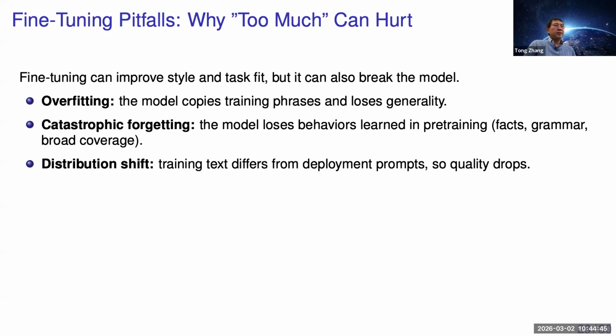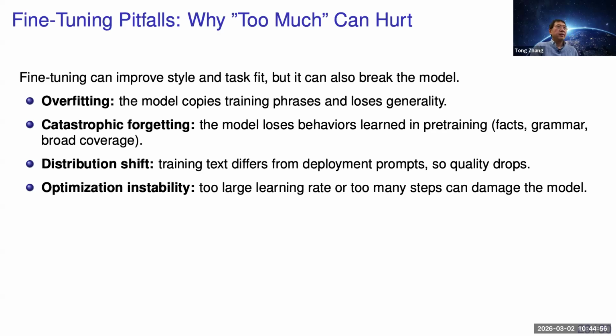How to deal with that, and there are distribution shifts because you're too much focused on a very narrow topic. Basically, it is bad. Sometimes it can be unstable because once you train too much, it starts to blow up a little bit because the prediction becomes very sharp.